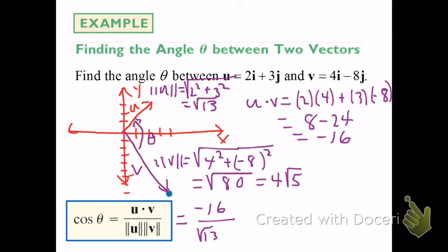And we're going to multiply that times the magnitude of v, which is 4 root 5. Okay, so we have negative 16 over 4 root 65.